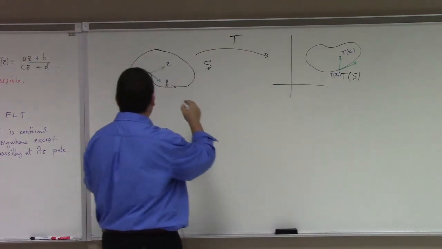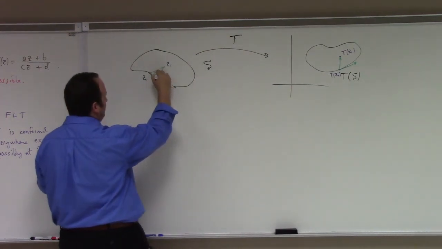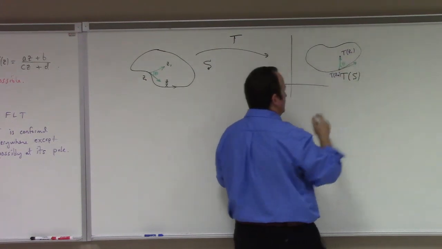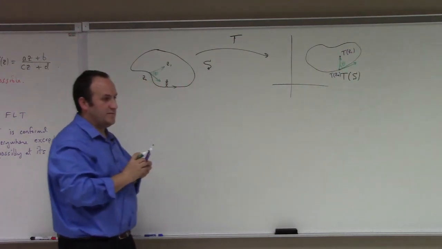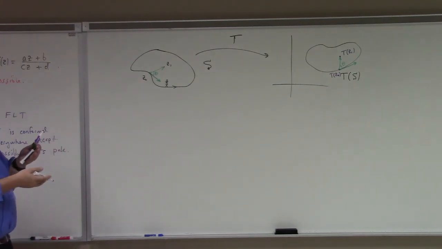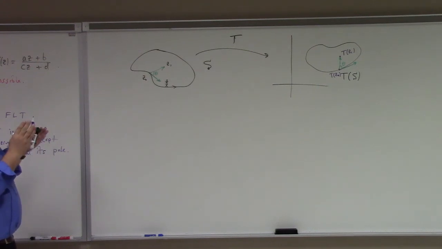Anyway, the conformality says that this angle theta has to be equal to that angle theta. And you can do this with more than just one point, you can do it with a bunch of points. I think if you start thinking through that, it forces the interior to map to the interior, in the sense that the orientation of the boundary is preserved.